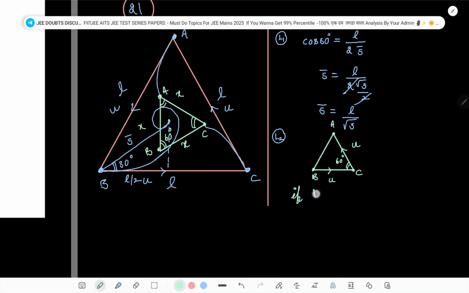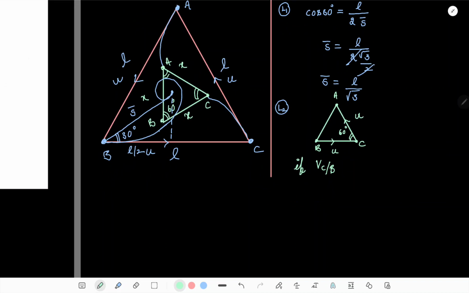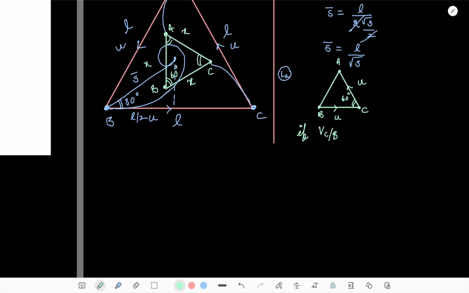If I wish to find the velocity of C with respect to B, then let's solve it.